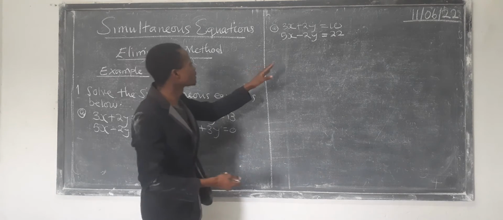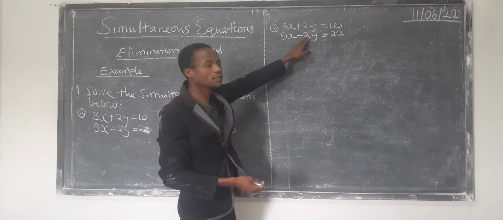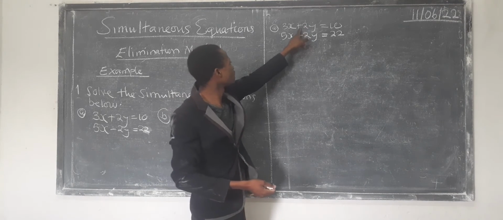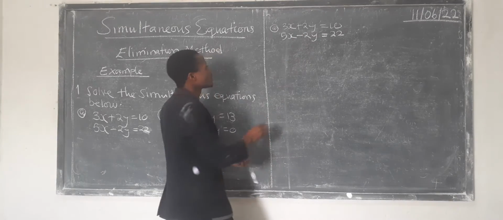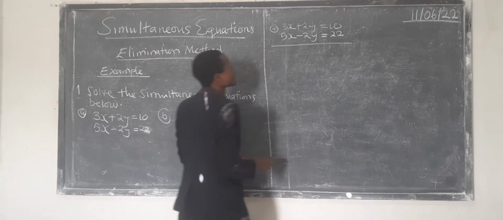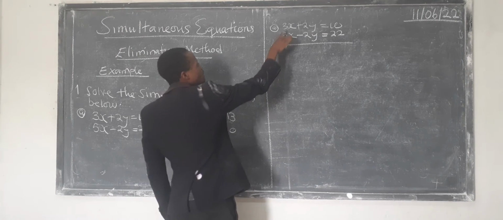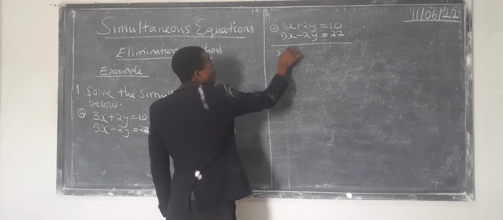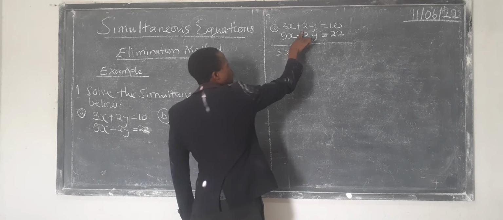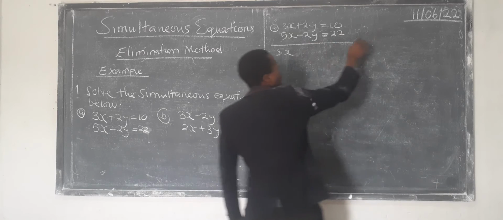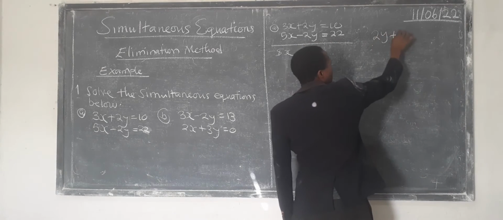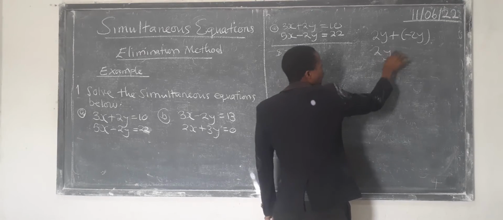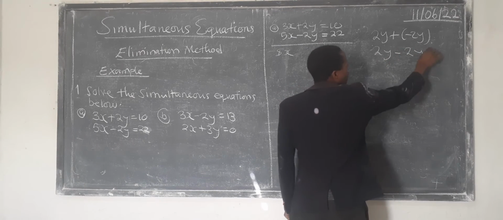In this equation, it is very easy to eliminate the y because the coefficient is the same and they already have different signs. So we eliminate that by adding them. If you add 3x plus 5x, we get 8x. Then 2y plus negative 2y, which is 2y minus 2y, is 0.